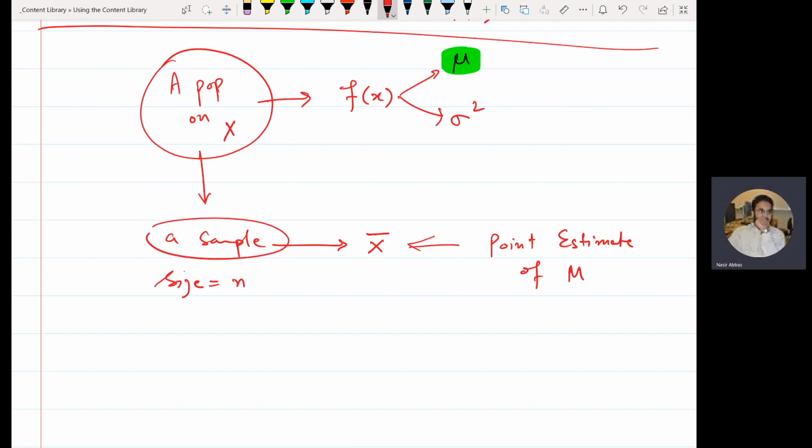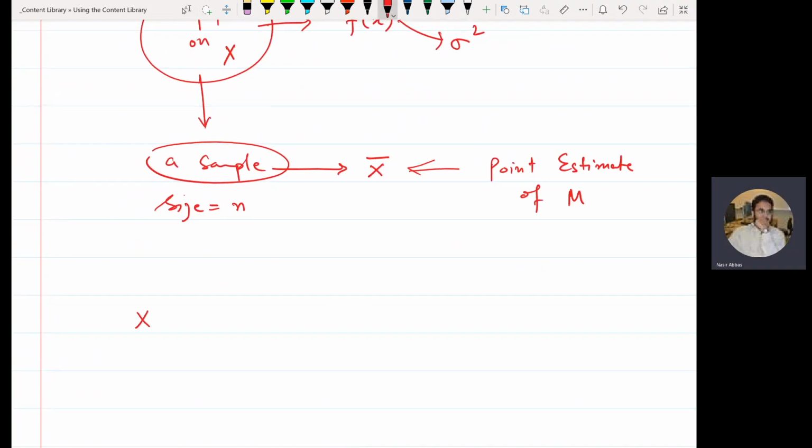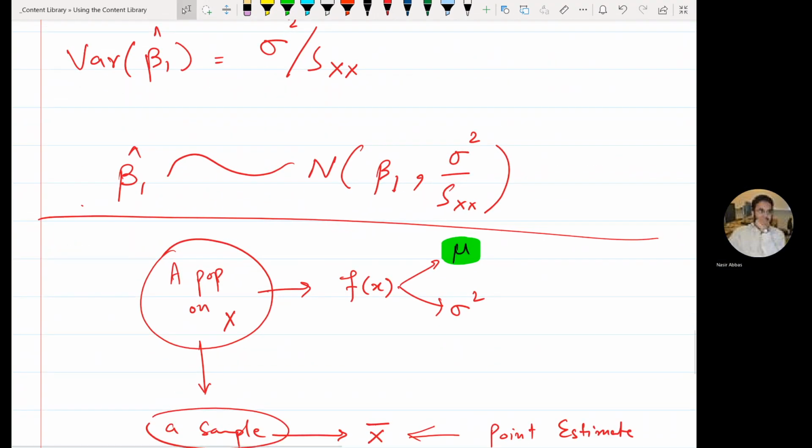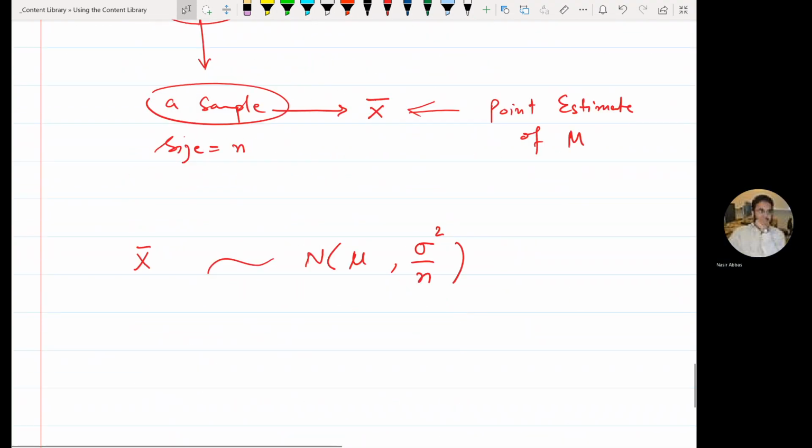Then after looking at the point estimate, you try to see the sampling distribution of X bar. Why do you want that? You want to convert the point estimate to interval estimate, and you say that X bar is normally distributed with mean mu and variance sigma square over n. You see the similarity here? X bar is unbiased. Its mean is the actual parameter. This is also unbiased. Its mean is the actual parameter. Then what do you do with this normal distribution?